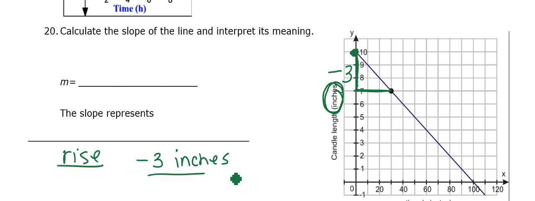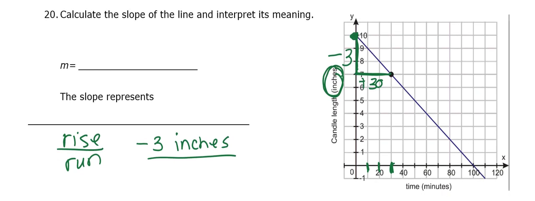Now our run. It's increasing from 0 to, let's see, to 30. So you can see here these are going up by 0, 10, 20, 30. So it's decreasing 3 inches, and let's see what the 30 stands for.